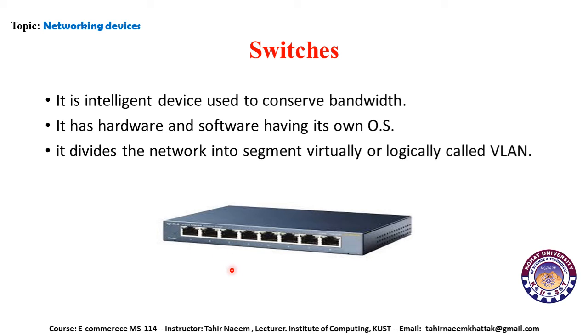We can create logical groups, and if we want to forward data to one group, it reads the MAC address and forwards to that particular group, while it doesn't forward to other groups. So the basic difference between a switch and a bridge is the segmentation criteria.